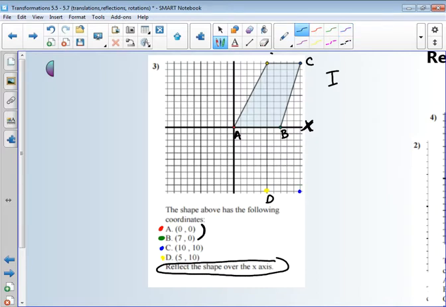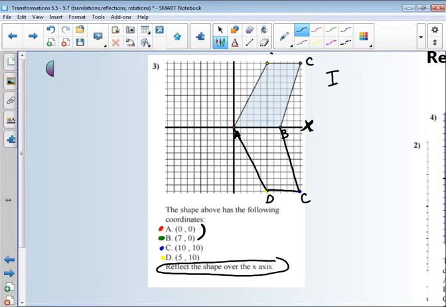Okay, so this is my C. So now I can go ahead and connect those. You guys should be using a straight edge on these, but I'm just going to use my marker. Okay, so there it looks like it's reflected. Same shape, it's just reflected over the line, flipped down.